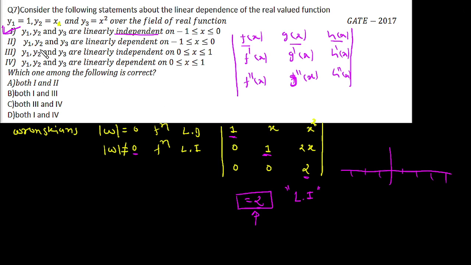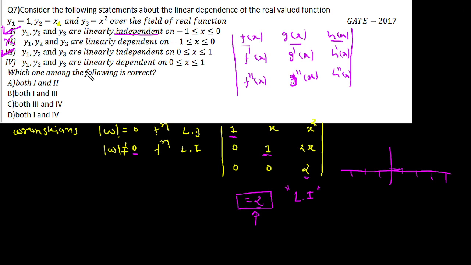Now let's move on to statement 2. Statement 2 says y1, y2 and y3 are linearly dependent. No, because they are independent, as we can say from this Wronskian. So statement 2 is wrong. Now statement 3 says y1, y2, y3 are linearly independent on the interval 0 to 1. Okay, in this interval again, this is a true statement.